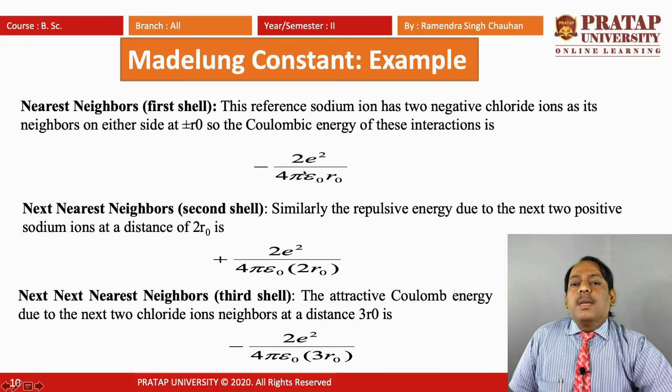So here we are adding up for the first cell, where we are taking the nearest neighbors, that is chlorine at distance R naught on both the sides.